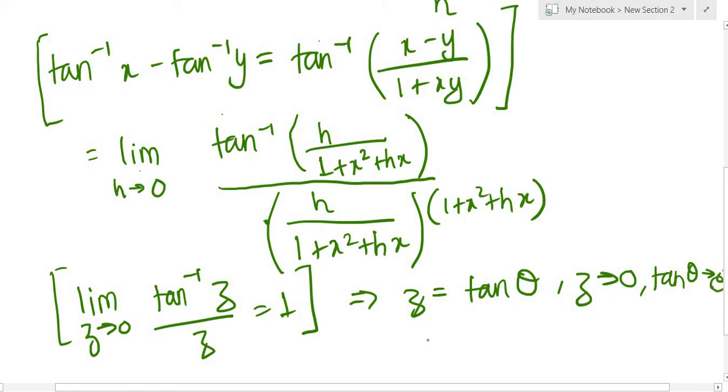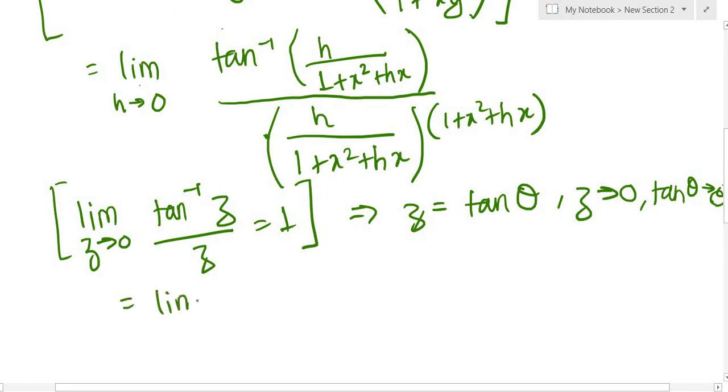Then this thing will just become the limit as tan theta goes to 0 of theta over tan theta, and as tan theta goes to 0, theta will go to 0 too.